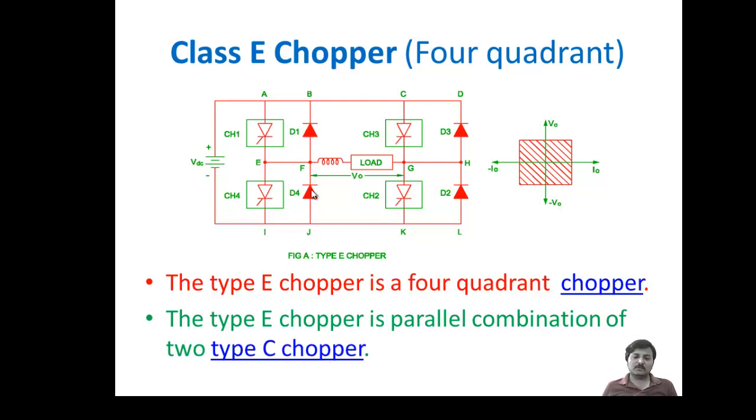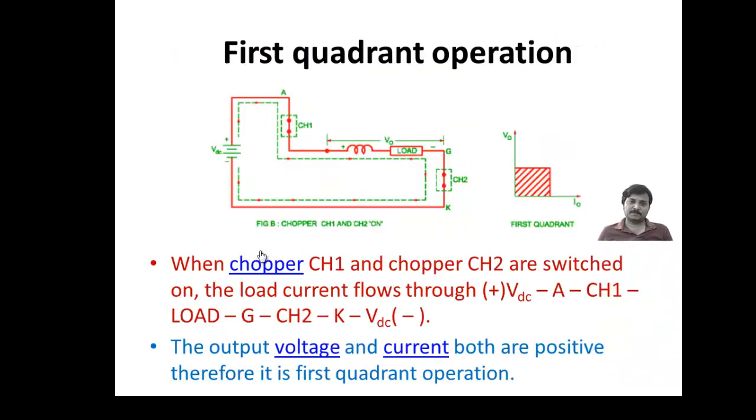The load is connected, and so we can observe all four quadrants being operated. Let us see the first quadrant operation of this. When this circuit operates in the first quadrant, CH1 and CH2 are switched on.